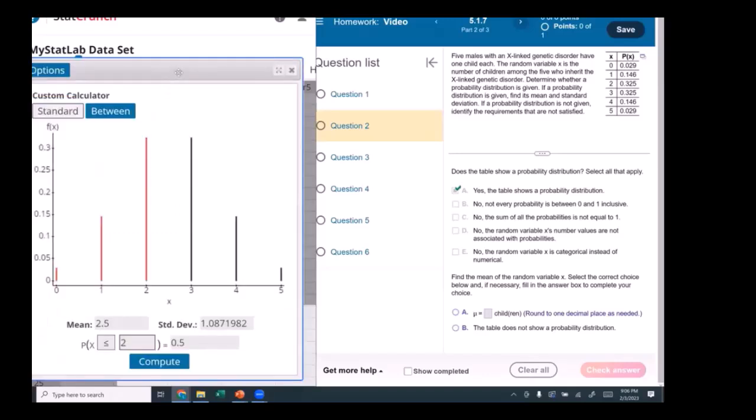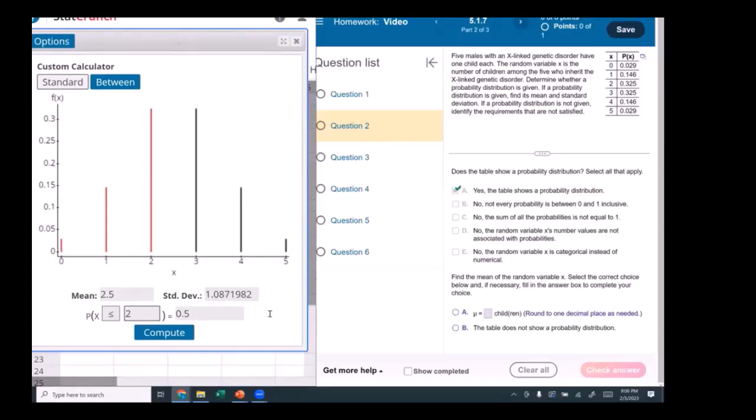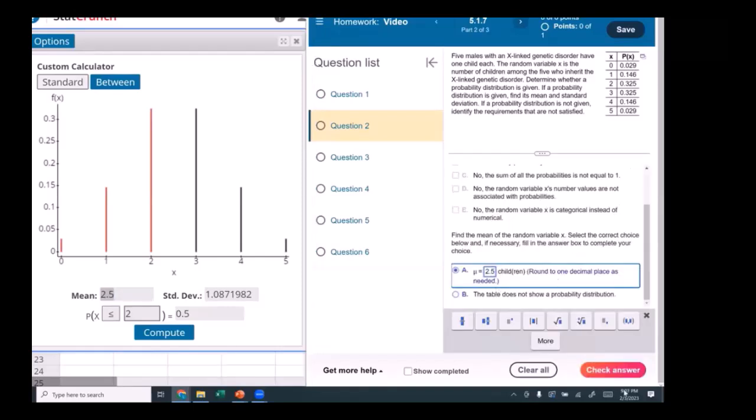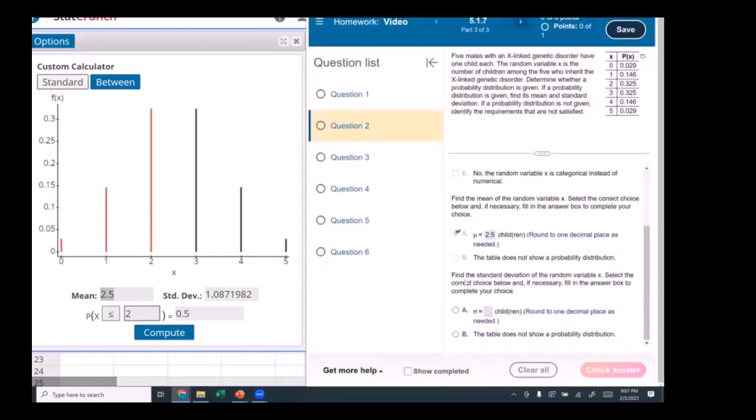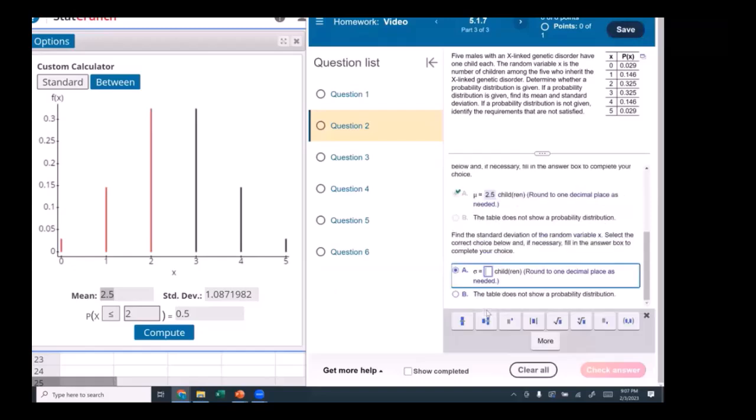But that's all I really need, because now, look, it tells me that the mean here is 2.5. Round to 1 decimal place, perfect. There we go. And last, find the standard deviation. We have the standard deviation. It's right there, round to 1 decimal place. If I round this to 1 decimal place, I would have 1.1.